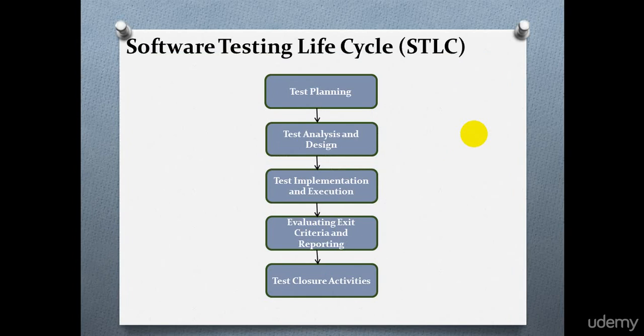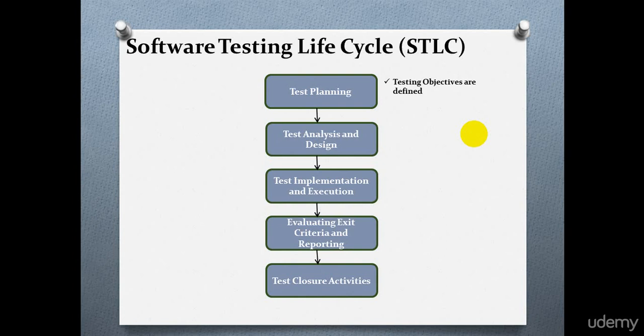Test planning, test analysis and design, test implementation and execution phase, evaluating exit criteria and reporting, and the final phase is test closure activity. Let's go in depth of each and every phase. Test planning.